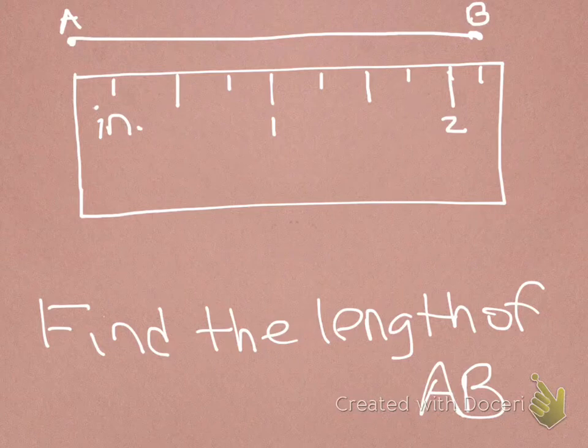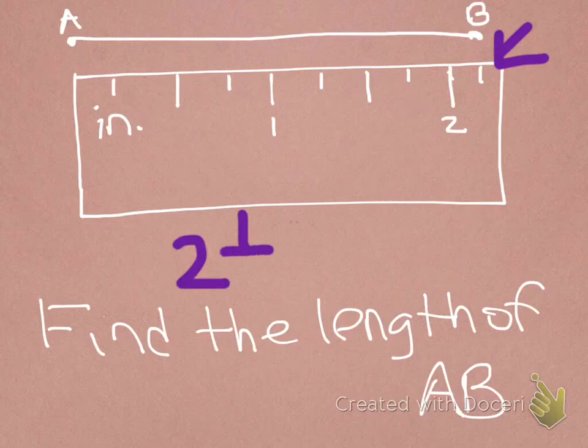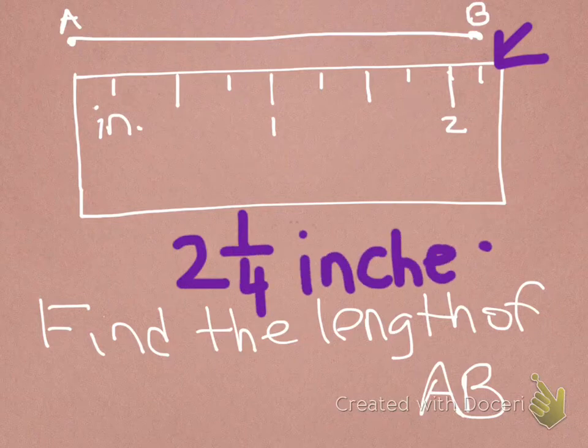If you look here, notice that there's 4 marks in between each number, so that means each mark is going to represent a quarter, 1/4. So if it stops at the first mark after the 2, I would put as my answer 2 and 1/4. And it says inches, so I'm going to label it with inches.